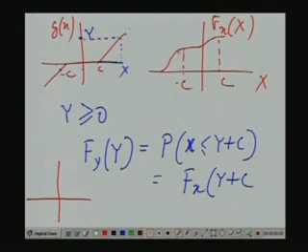This portion will be taken up for small y going up to 0, and then from 0 onwards, I mean for values greater than or equal to 0, the portion to the right will be taken up. So, it will be like this, then there is a discontinuity, and then this portion will come up. This is your f y y.